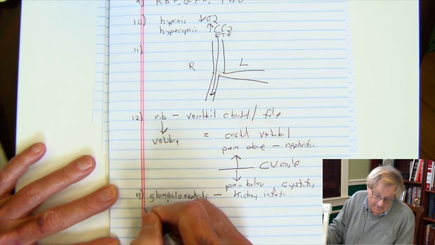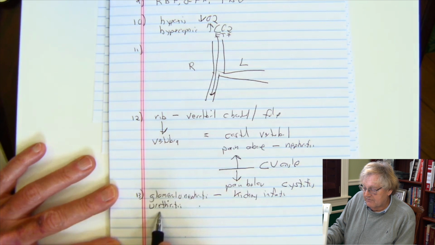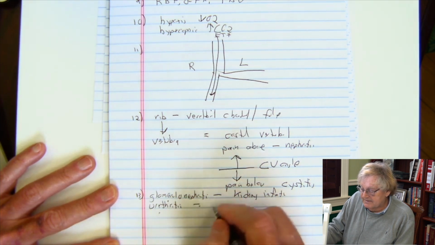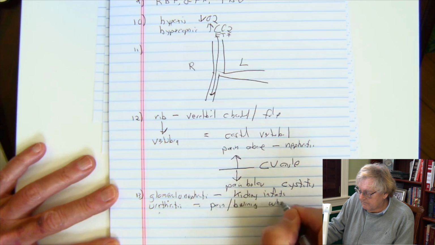A urethritis is just an inflammation or infection of the urethra. So that's going to be the pain or burning when we urinate.